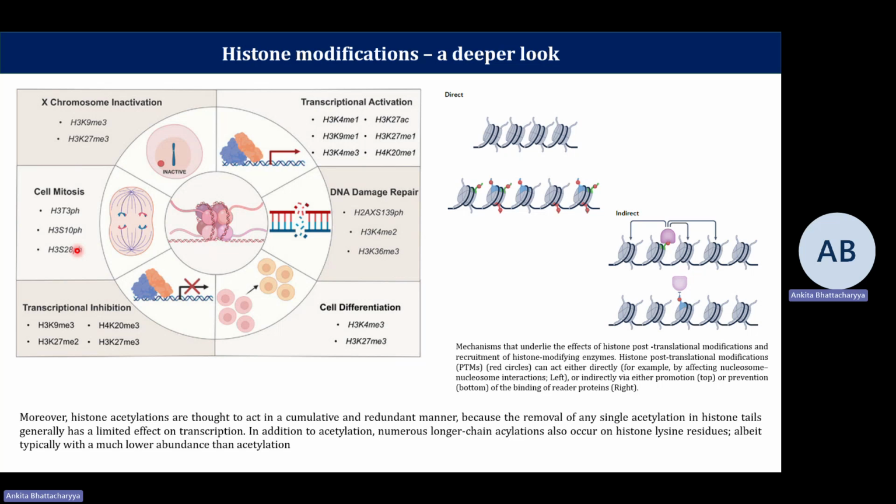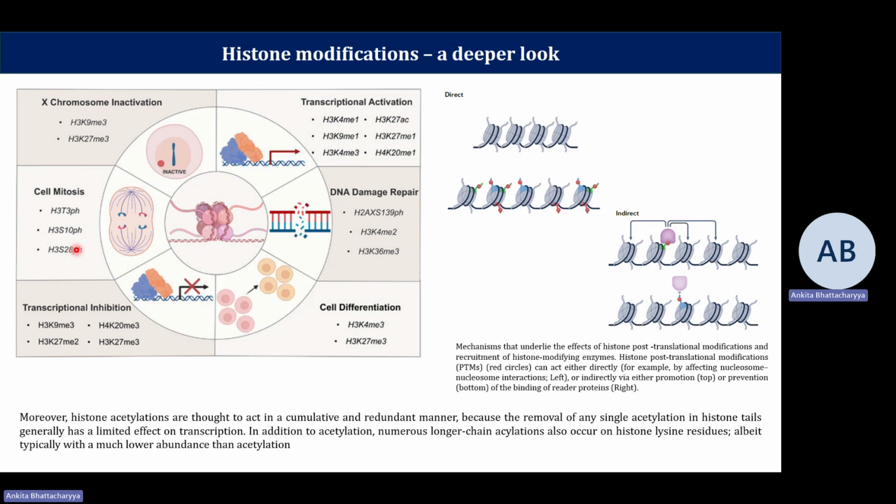For example, signaling within the cell, any survival associated signaling, and cell cycle, cell division, these processes are predominantly under the control of phosphorylation dependent or phosphorylation associated modifications. Whereas if you talk about gene expression, majorly you'll find the dependence to be on acetylation and methylation, or rather on acetylation.